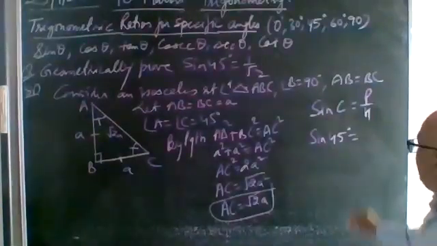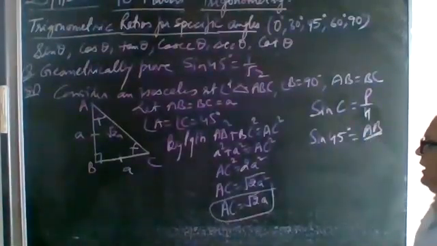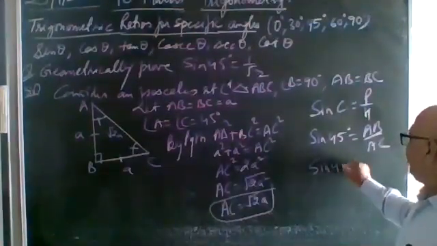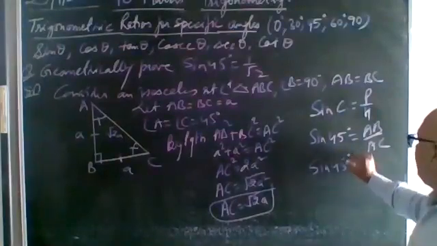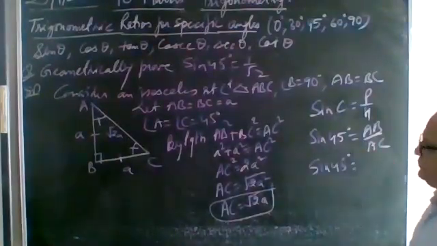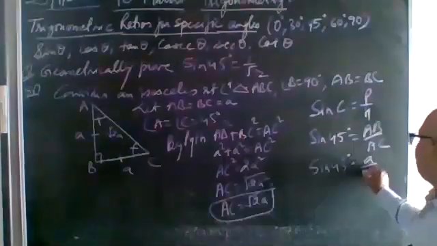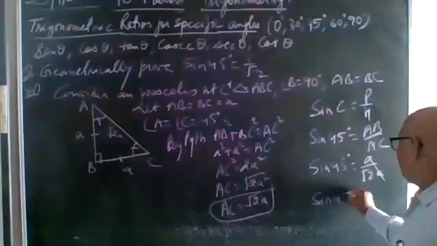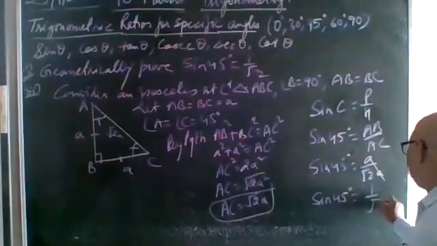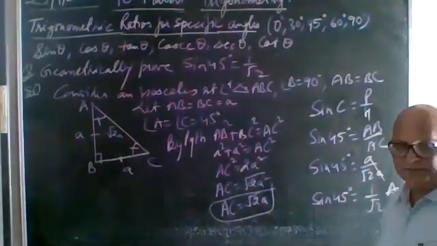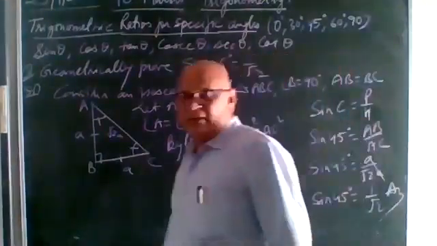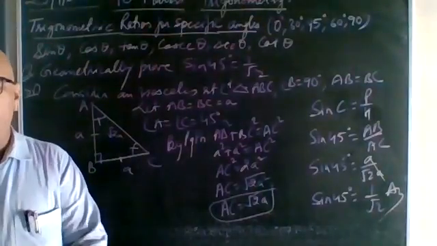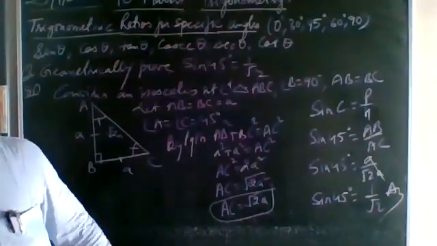P is AB, and hypotenuse is AC. So sin 45 degree: AB is A, AC is root 2A. This cancels. Sin 45 degree equal to 1 by root 2. This is how you have to do the question.